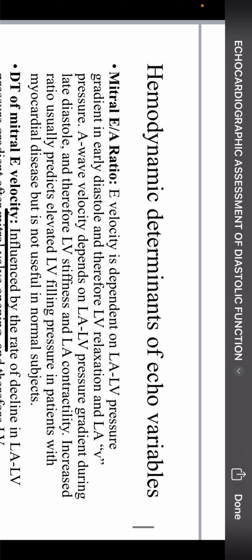Isovolumic relaxation time, I already explained it, I'm not repeating it. Read it yourself.